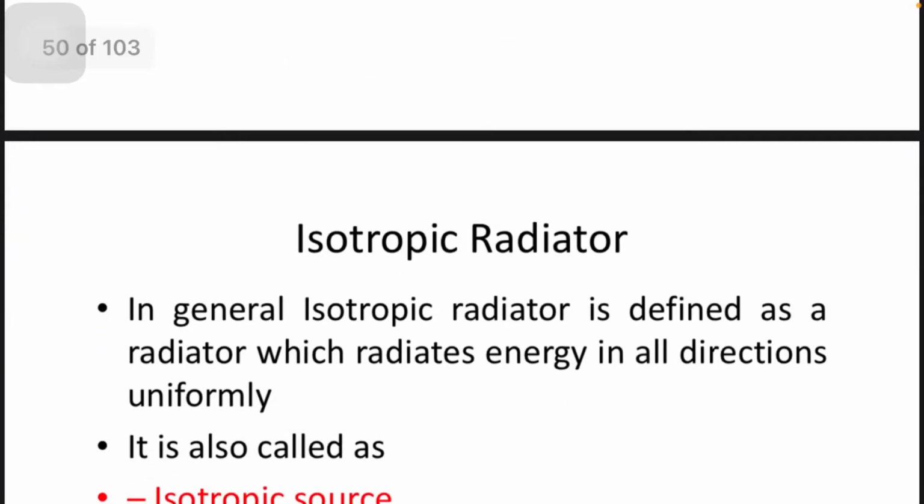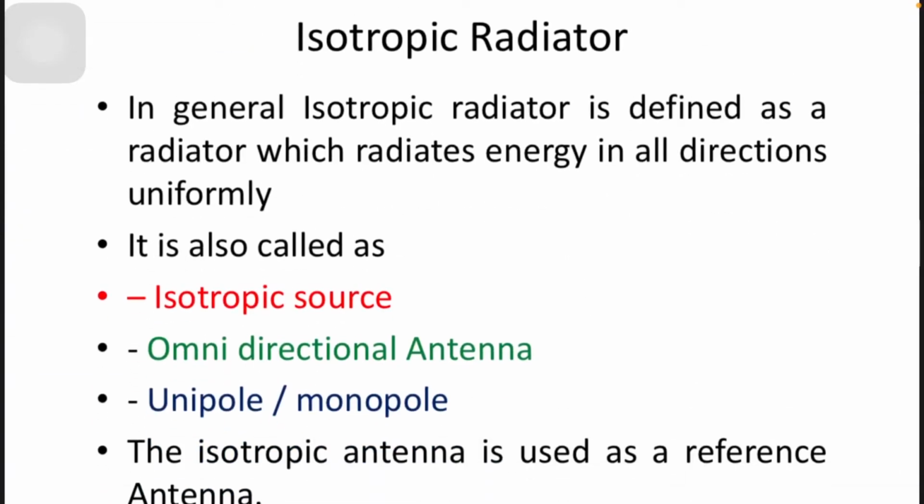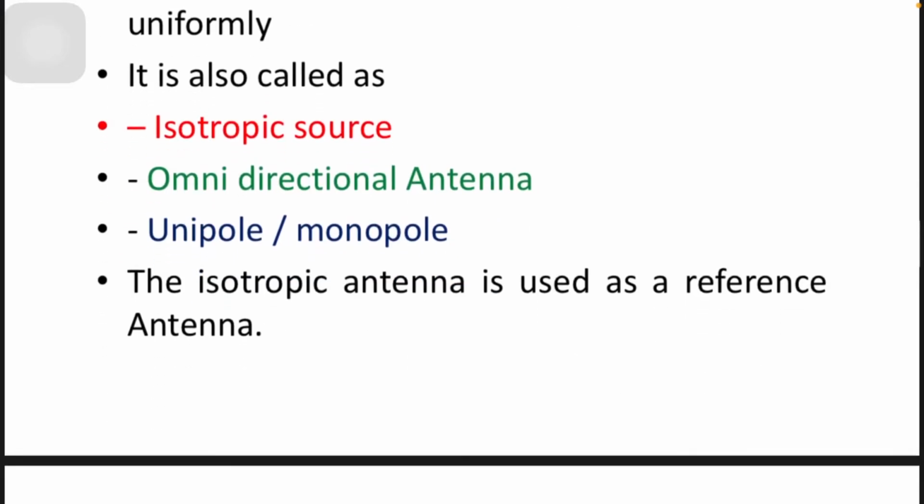Isotropic radiator. In general, an isotropic radiator is defined as a radiator which radiates energy in all directions uniformly. It is also called an isotropic source, omnidirectional antenna, or unipole or monopole.